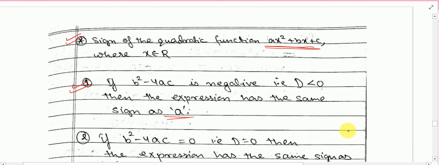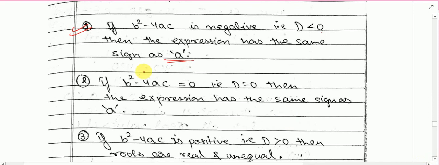So you'll write down this, and then the second one is, suppose discriminant comes 0, D is 0, so in that case also the sign of the quadratic function will be same as the sign of this a.